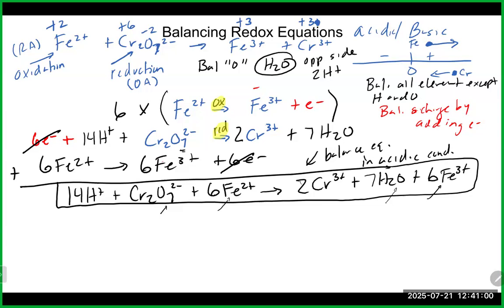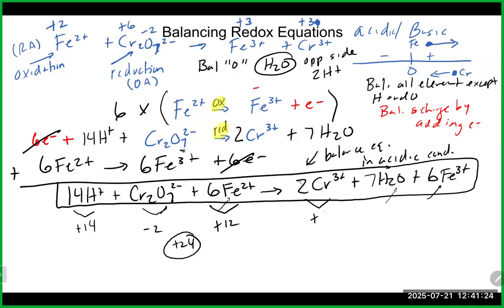Secondly, the overall charge in this reaction should be the same on both sides of the arrow. Once again, it does not have to be 0, but it does need to be the same charge. This guy's contributing plus 14. This is contributing minus 2 and plus 12. That gives me a plus 26 less 2, a plus 24 overall on the left-hand side.